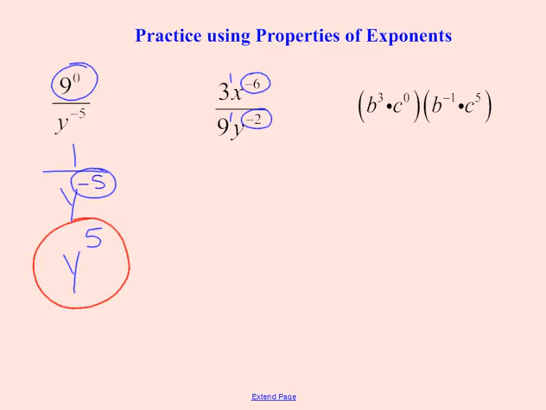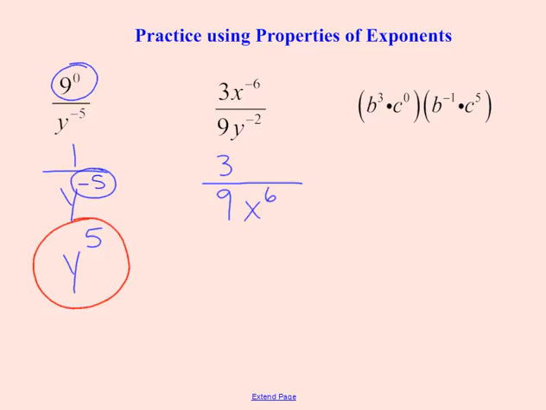So, in order to change our negative exponents to positive, we're going to flip them, but we're going to leave the 3 and the 9 alone because they already have positive exponents of 1. So the x to the negative 6th will flip down to the bottom and become x to the positive 6th.